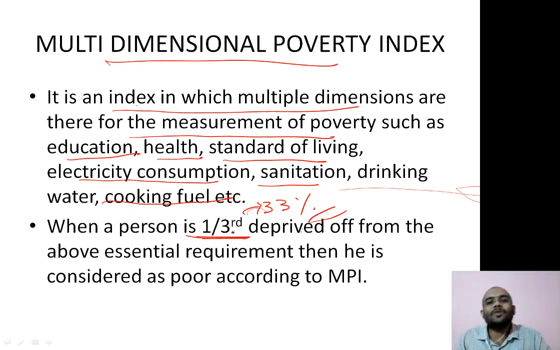So out of education, health, standard of living, electricity consumption, sanitation, drinking water, cooking fuel, if a person is one-third deprived or 33% deprived of availing these facilities, then he will be considered poor under the multi-dimensional poverty index. So that's it in this video lecture regarding poverty.